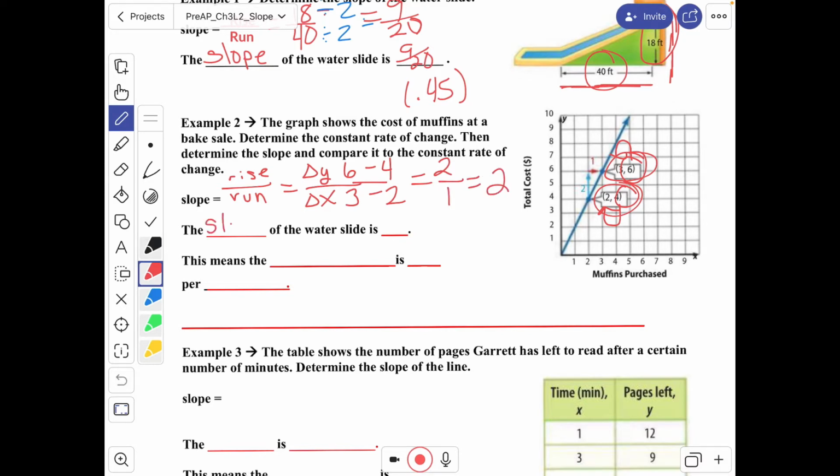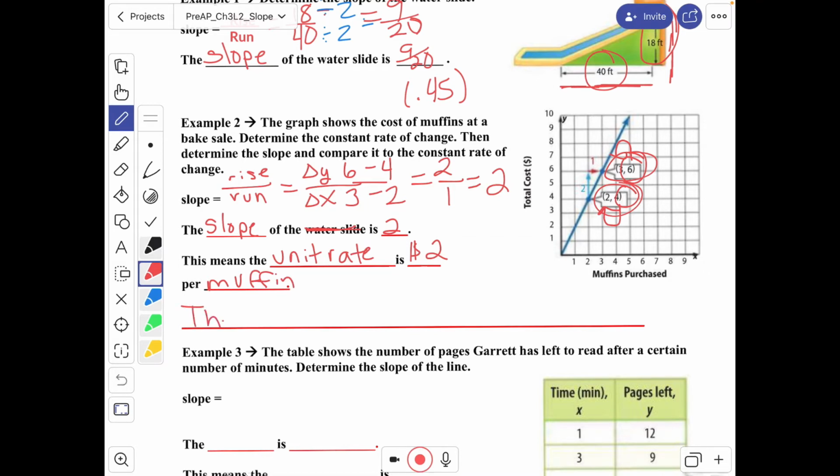So the slope of the water slide, I don't think it was talking about water slide. It was talking about muffins. So the slope is 2. This means that the unit rate, remember unit rate is how much it is for 1. So the unit rate is $2 per muffin.